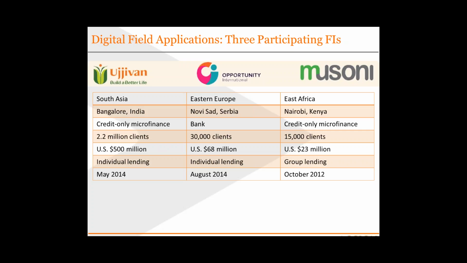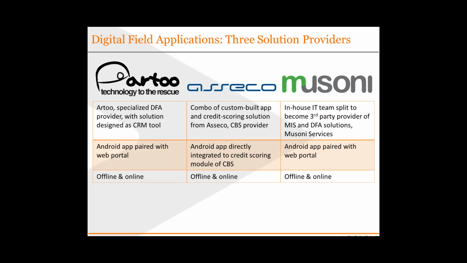So we started this process back in November of last year in identifying the institutions, and each chose a different provider given what was available in the market and what their needs were as well.